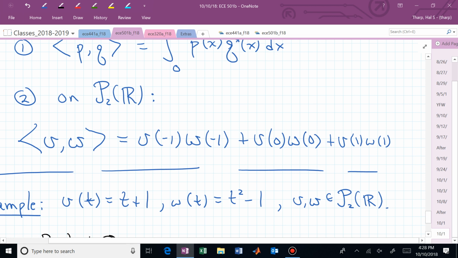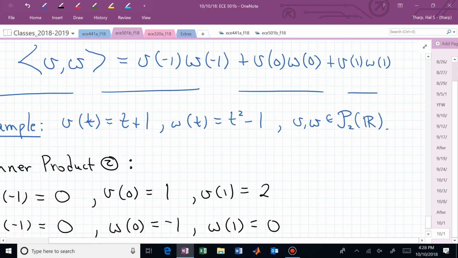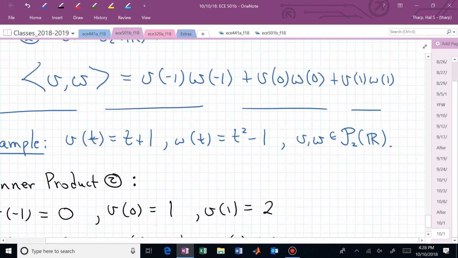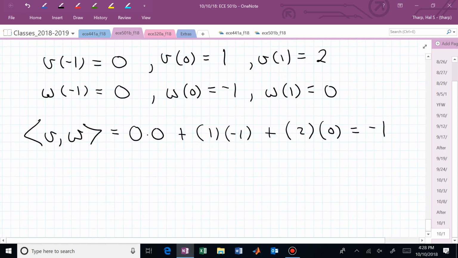So why does it have to be 3? Well, it could be more than 3 points, but it needs to be at least 3 points. It can't be less than or equal to 2 points for P2. Question? Is that because of definiteness? Is there only 2 zeros?